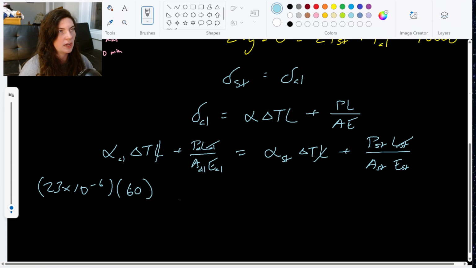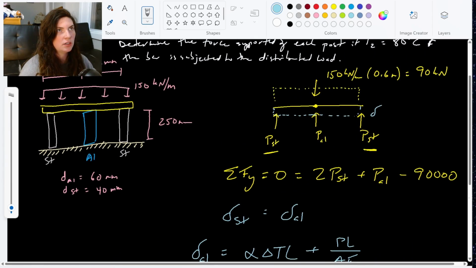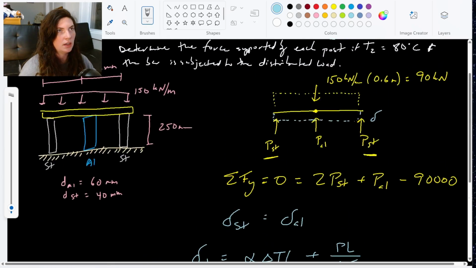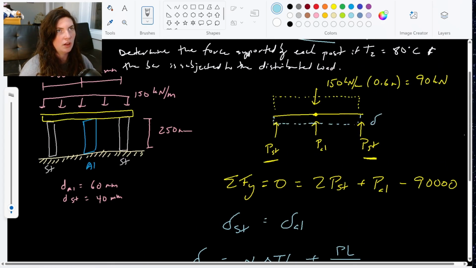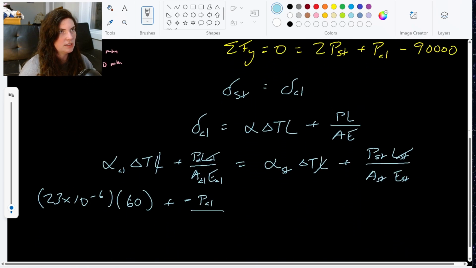So our units for these guys will cancel. Got rid of the length, so we just have P, AL. Now I do think I missed a sign change in here. Yes, see, I've assumed that all of my bars are in compression. This needs to be negative.